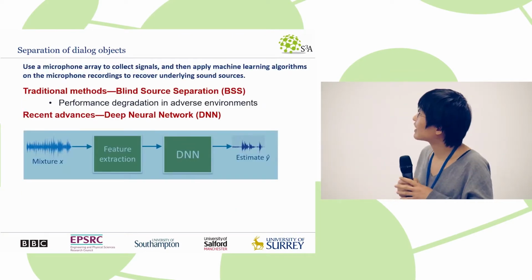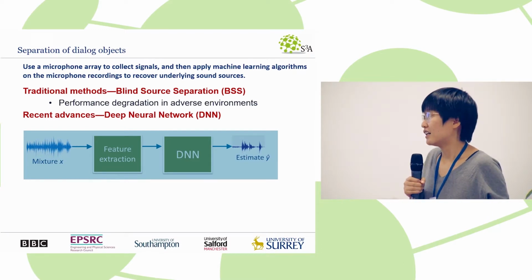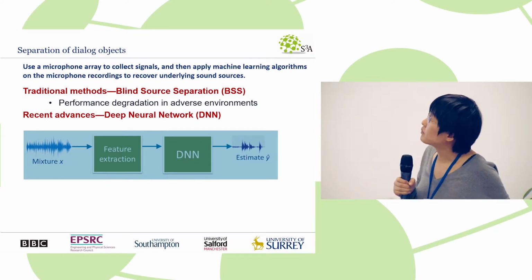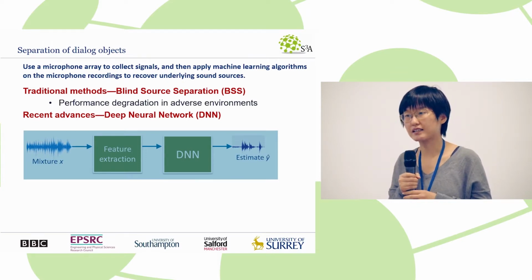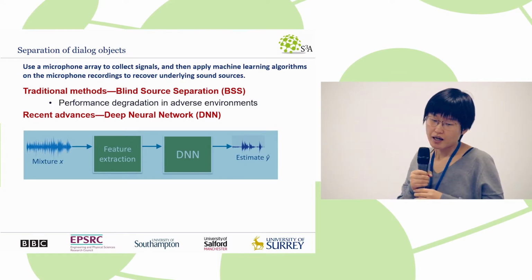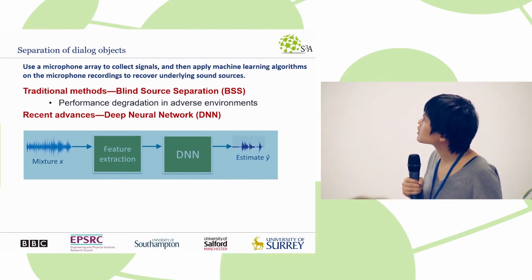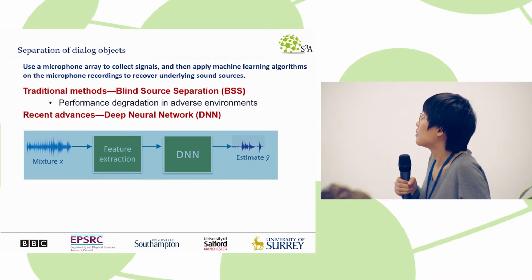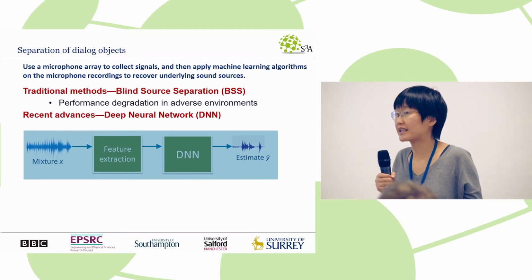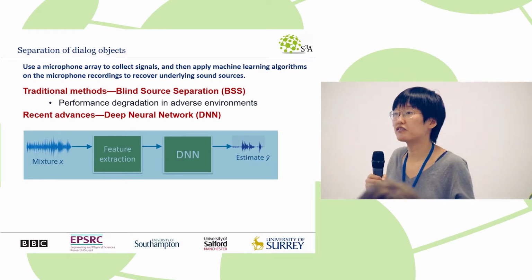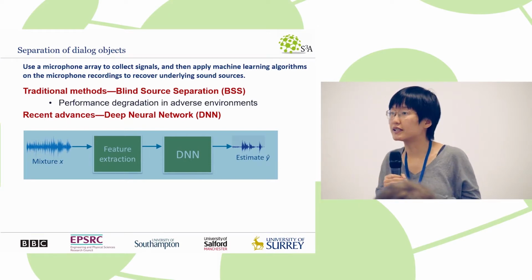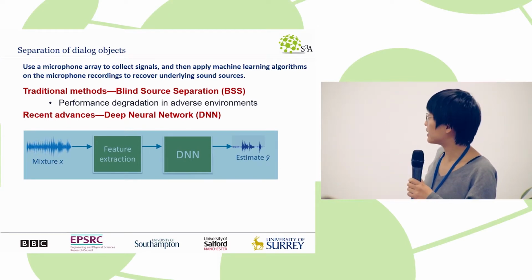Over the last 30, 40 years, quite many algorithms have been developed to solve this cocktail party problem. The most popular one is blind source separation. There are many traditional, classic blind separation algorithms like independent component analysis, but they have the problem that their performance is often degraded in adverse environments.